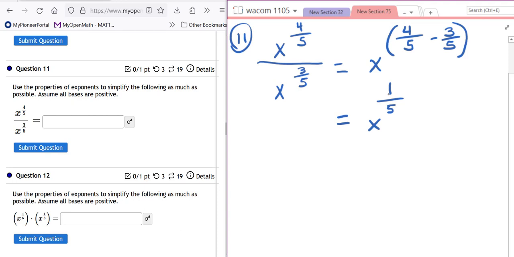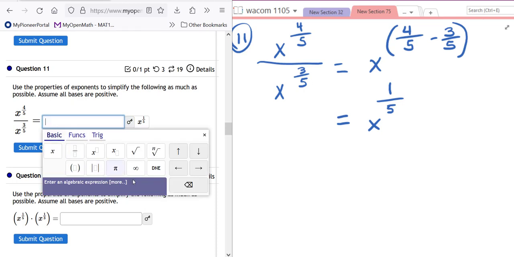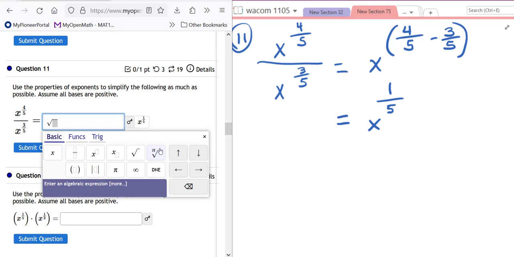You have to watch out how they ask for the answer here. It does not say anything, so I think that it would want the rational exponent. But it should accept either one if it doesn't tell us, right? Let's just play with this and see if it would take the 5th root of x.